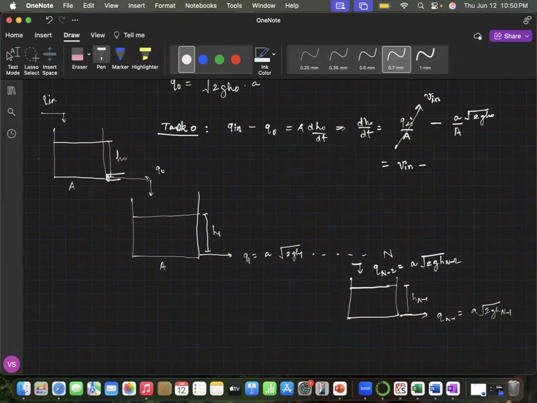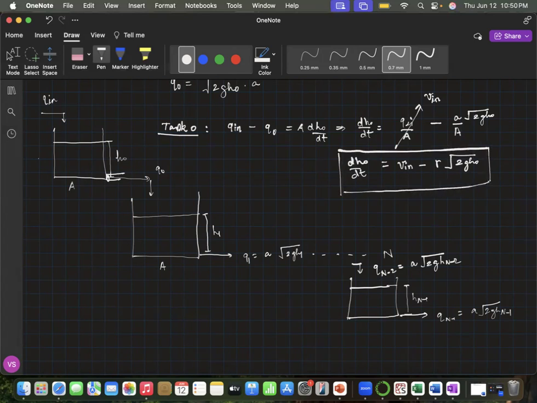So let's call this r, right? So r times square root of 2g h naught. That is going to be the ordinary differential equation governing my first tank, tank 0 over here.